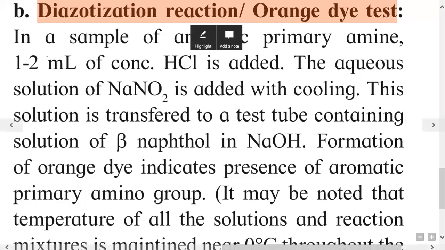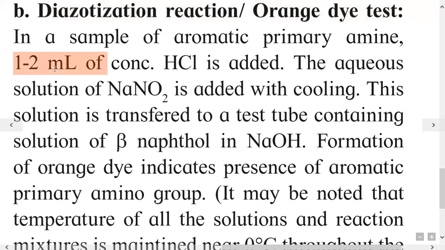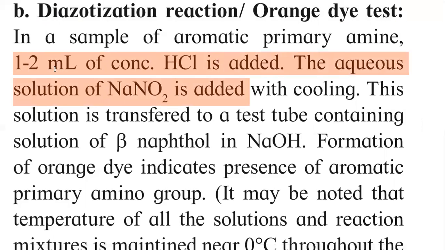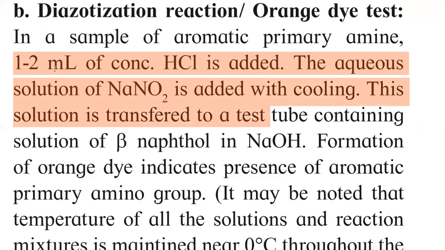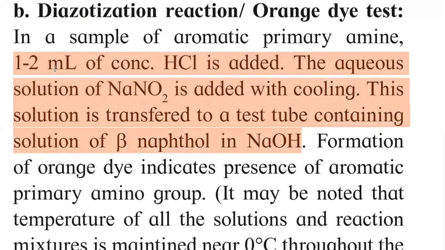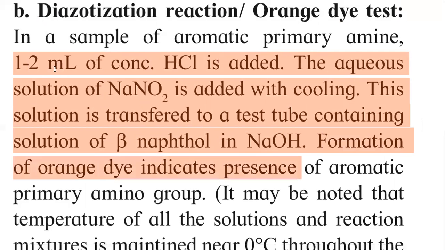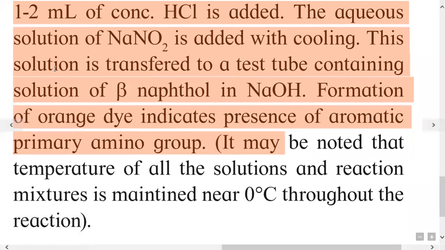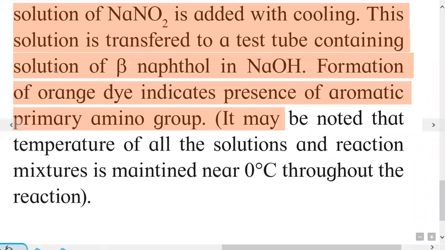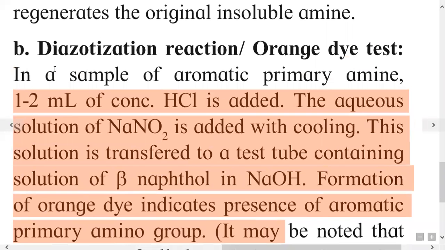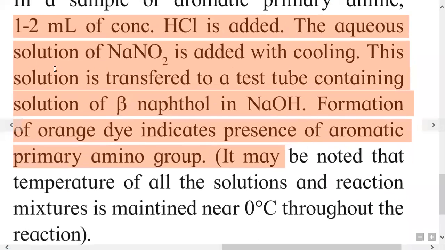When primary amine is treated with concentrated HCl, then aqueous solution of NaNO2 is added. With cooling, this solution is transferred to the test tube containing beta naphthol NaOH, then formation of orange dye indicates the presence of primary amine group. So this primary amine group can be tested by using HCl, NaNO2 and beta naphthol NaOH.